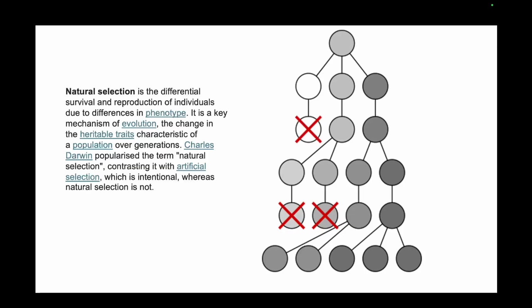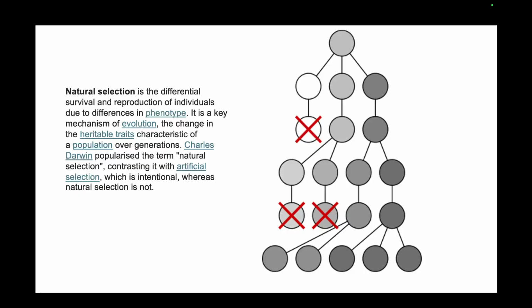Some will be harmful, some will cause disease, some will cause death, and some will be very important and very efficient in terms of survival of the organism and reproduction of the organism, right? So natural selection is the differential survival and reproduction of individuals due to differences in phenotype.